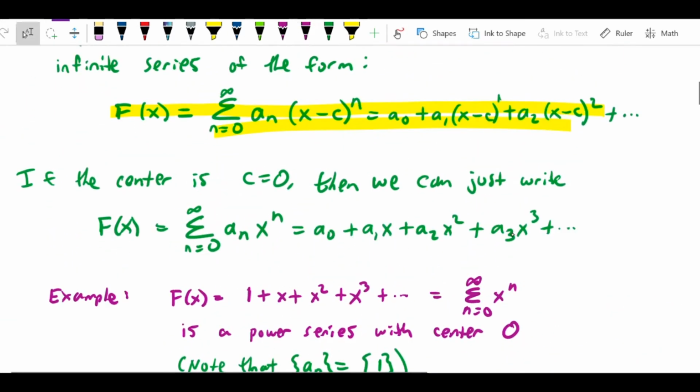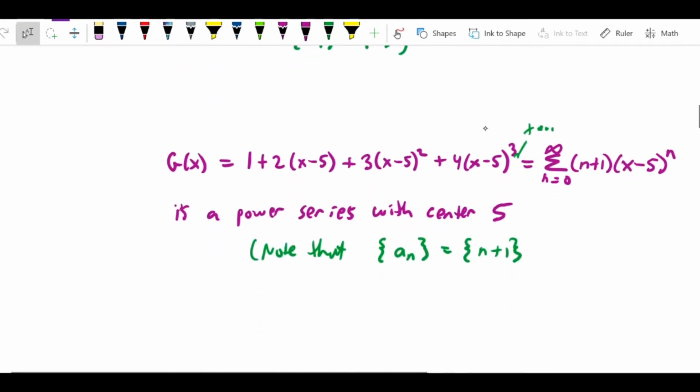See how it looks like this. The center is always, we always write x minus the center there. So this is a series with a center of 5, and its compact form is the sum from n equals 0 to infinity of n plus 1 times x minus 5 to the n. And you can see that that's true, that this is the n equals 0 term. So I have here 0 plus 1 is 1 times x minus 5 to the 0.